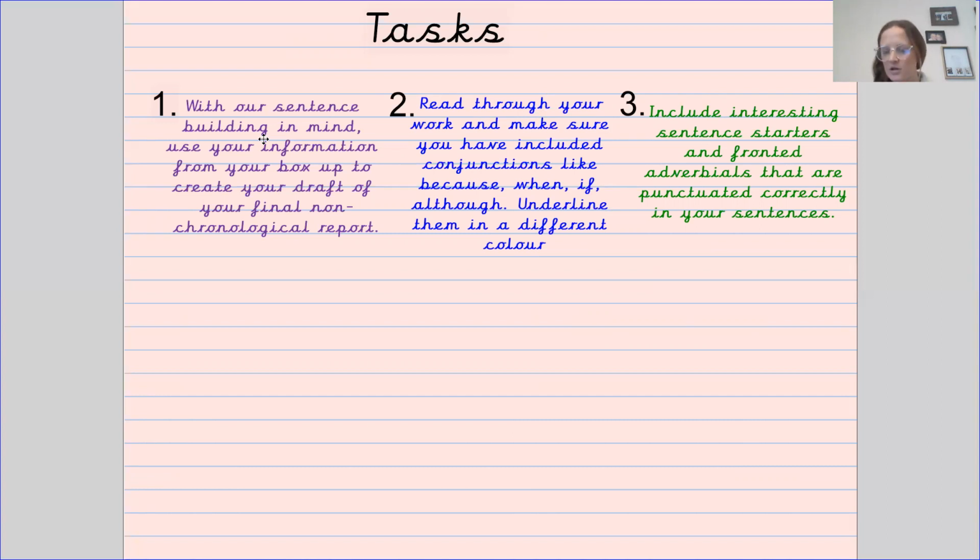So if you haven't included them, you can go back and edit your page and make sure that they are written in there. Remember that this is going to be a draft version, so there will be some things that you haven't got right or you've crossed out or you've added in, because when you do come to writing this out finally, you will then have your final edited version.